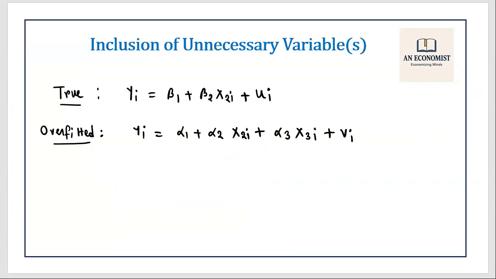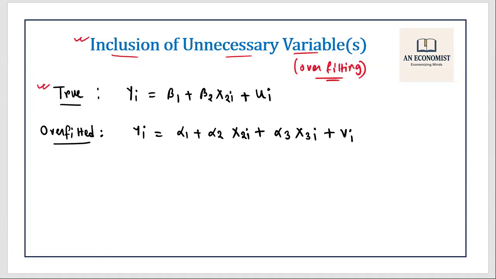Inclusion of unnecessary variable is also known as overfitting of the model. These two terms can be used alternatively. Inclusion of unnecessary variable means overfitting of the model, and omission of relevant variable means underfitting of the model. Please remember this.